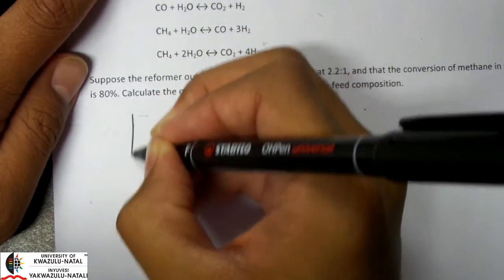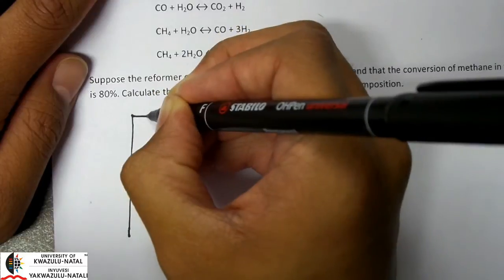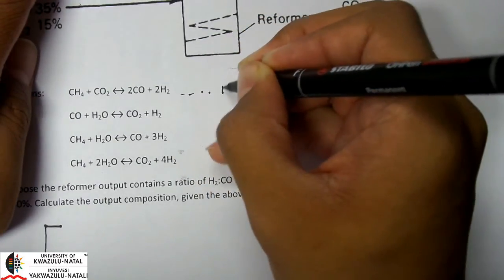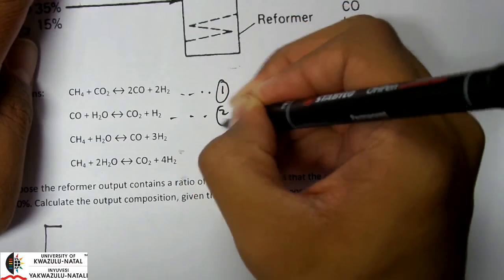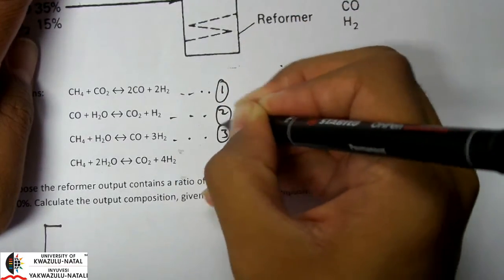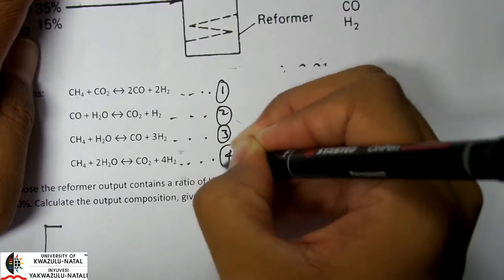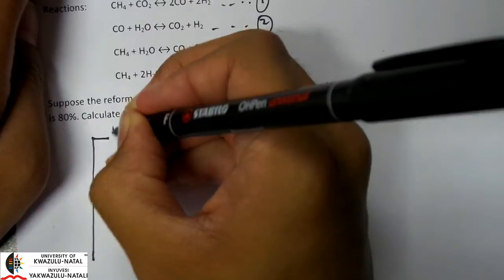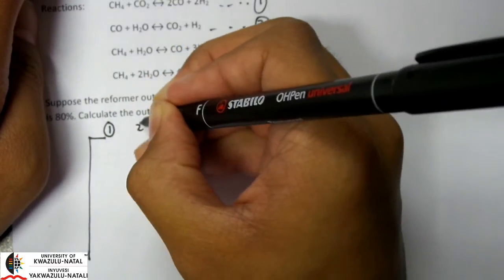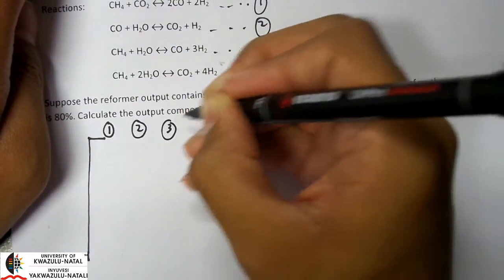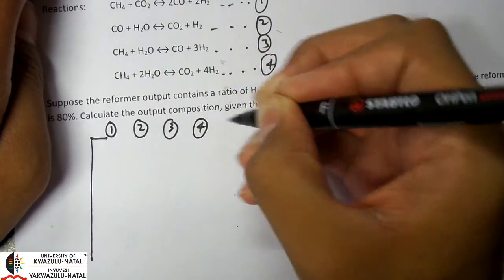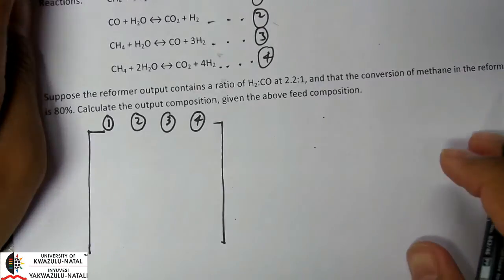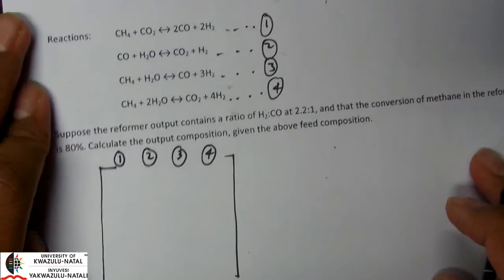I can draw up a matrix. Okay, so let's number these reactions. It's just a simple 1, 2, 3, 4. And these reactions will be represented here. Now let's look at our species.